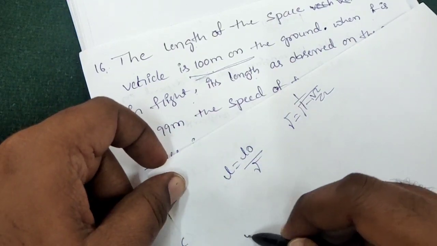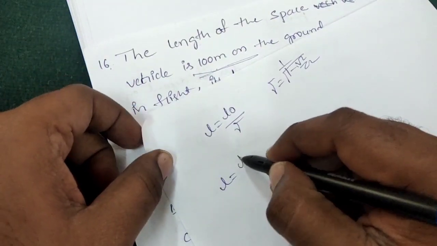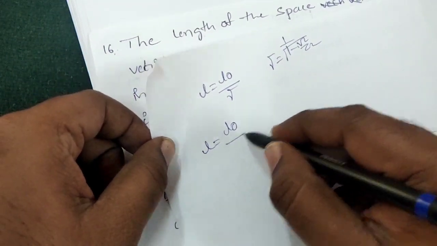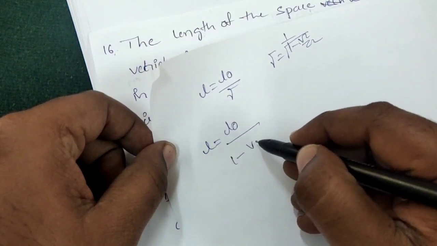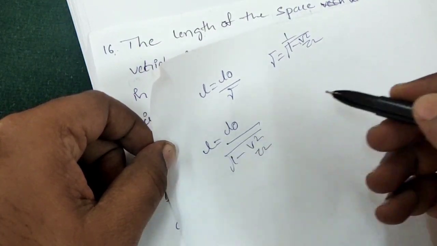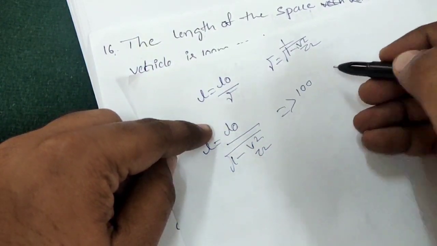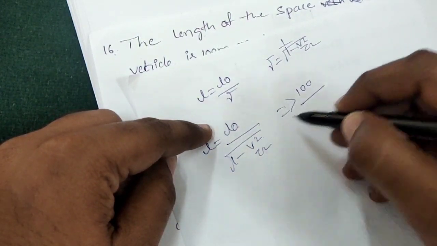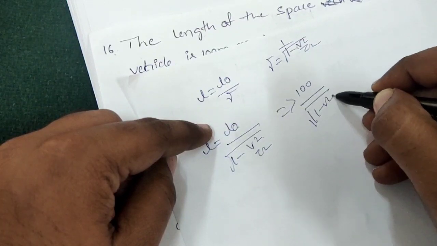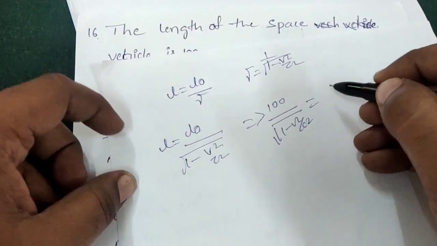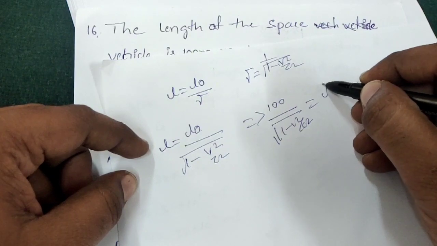So L is equal to L naught times root of 1 minus v square by c square, and L naught is the actual length, that is 100 meter, which is equal to, for the person, 99 meter.